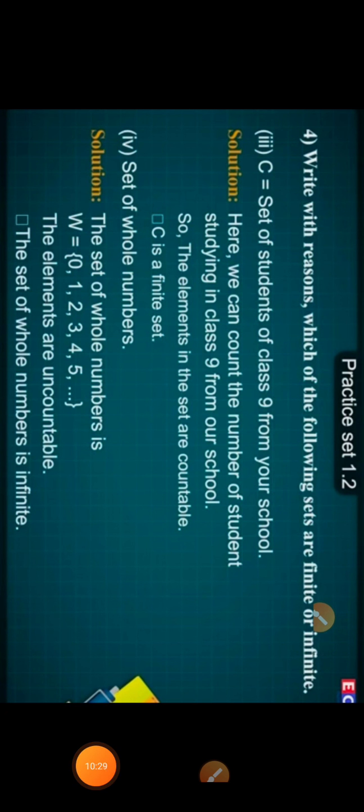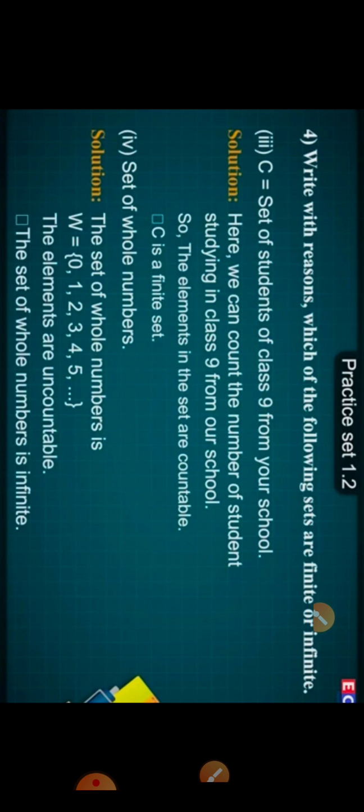Next, write with reasons which of the following sets are finite or infinite. C is equal to the set of students of class 9 from your class. Here we have to write whether it's finite or infinite with the reason. We can count the number of students studying in class 9 in our class.